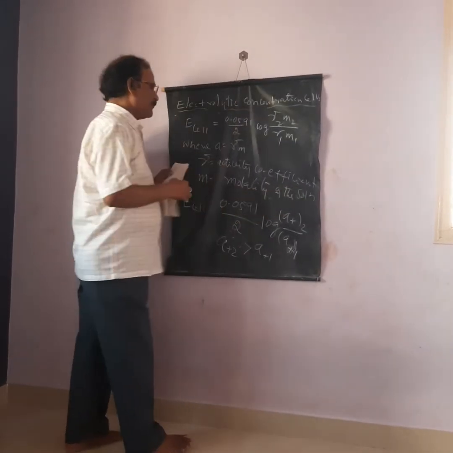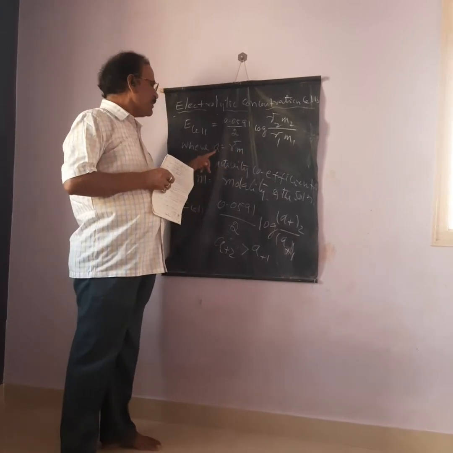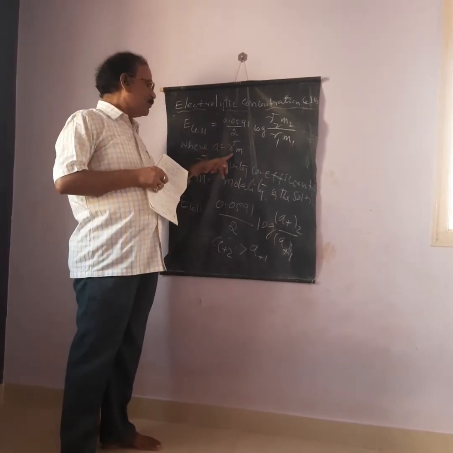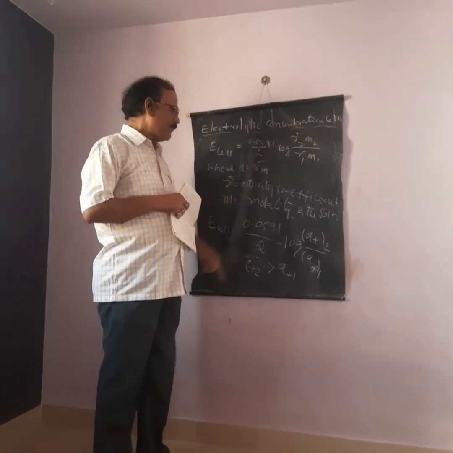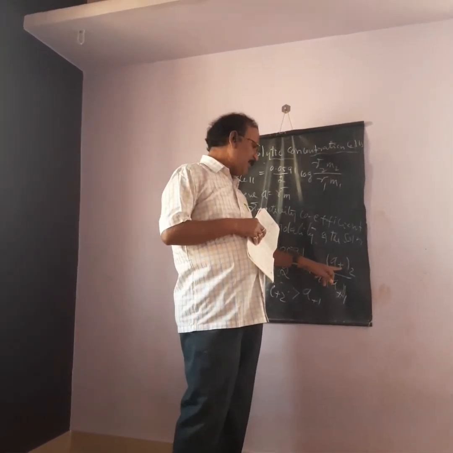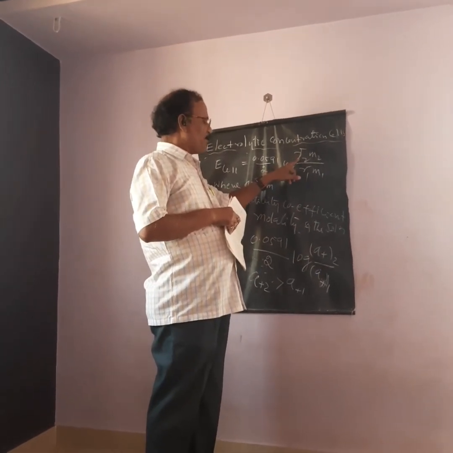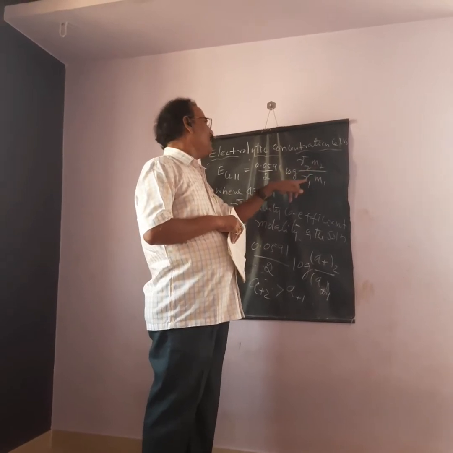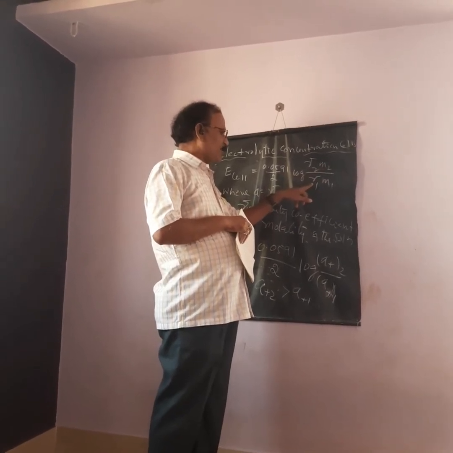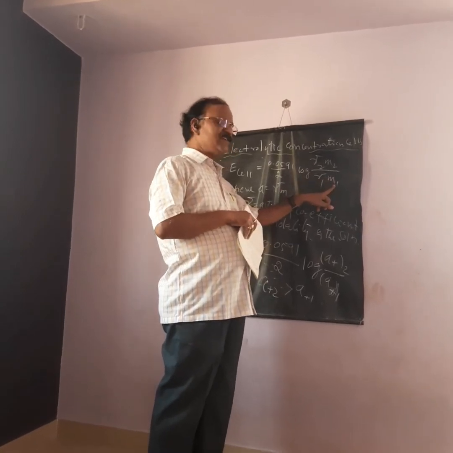So the difference between activity coefficient and molality is given by: activity is equal to activity coefficient into molality. For this equation, activity of A plus 2 is given by the activity coefficient of the second solution into the molality of that solution, and the activity coefficient of the LHS solution and molality of this solution.